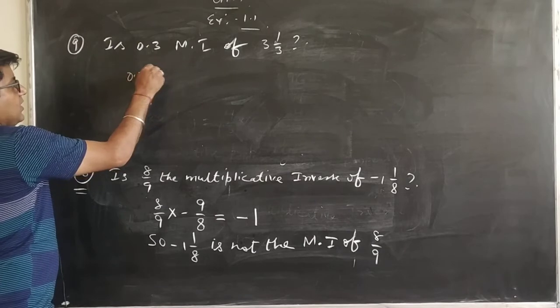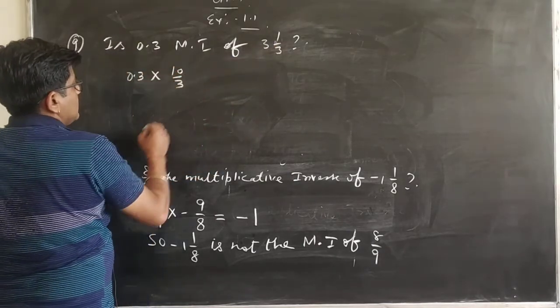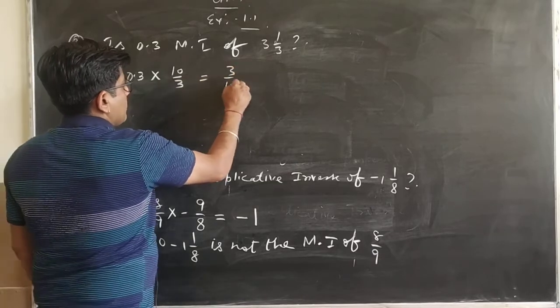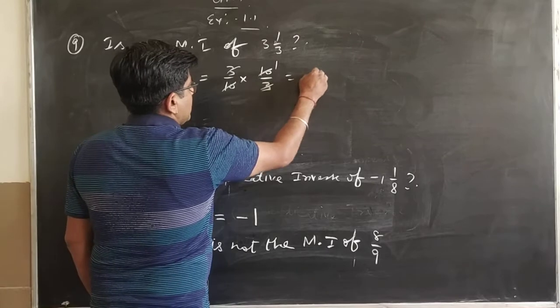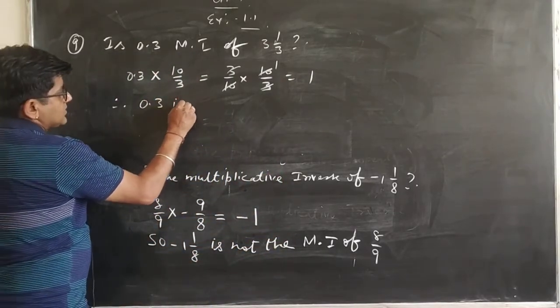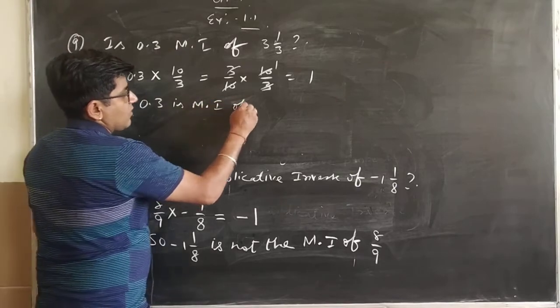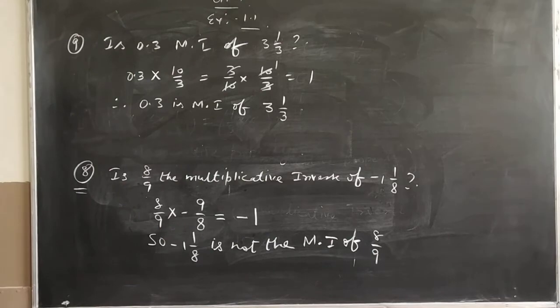This is 0.3 multiply 3 is to 1 upon 3 is 10 upon 3. We will simplify it, 3 upon 10 into 10 upon 3. On multiplication it gives the result 1. Therefore 0.3 is multiplicative inverse of 3 is to 1 upon 3. That's the reason. Now we will move to the next question.